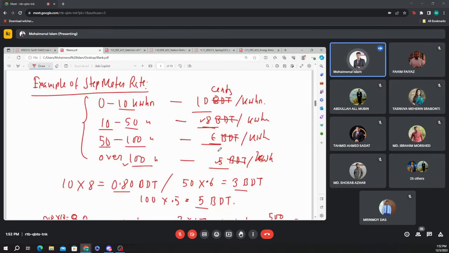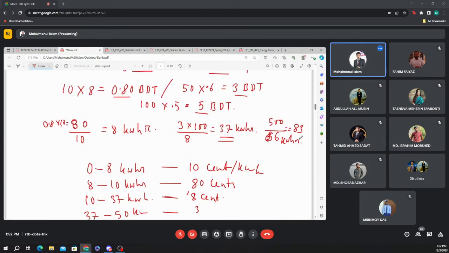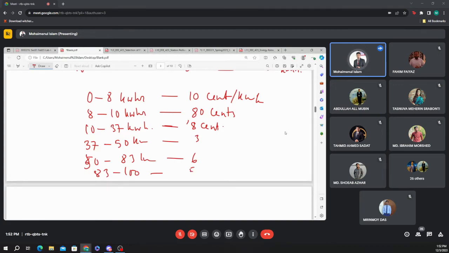Previous rate was 6. So 50 to 83, it was 6, and from 83 to 100, that is revised up to 5. This one, 5 BDT. So this is 5, and the final one over 100, that previously included 5.